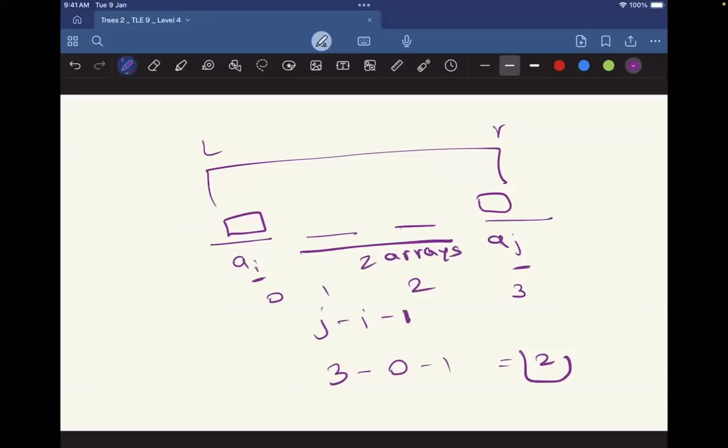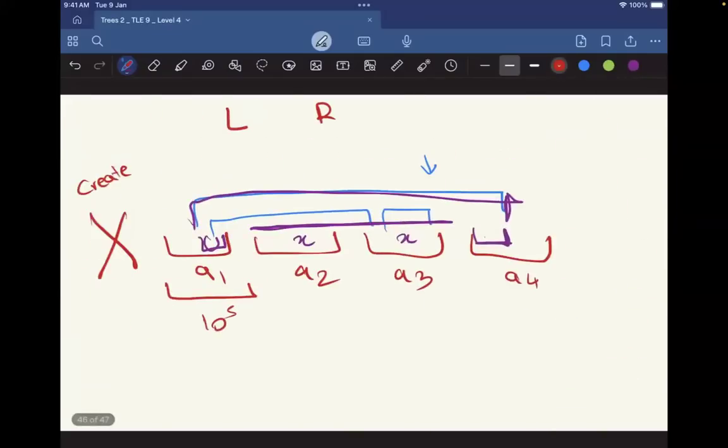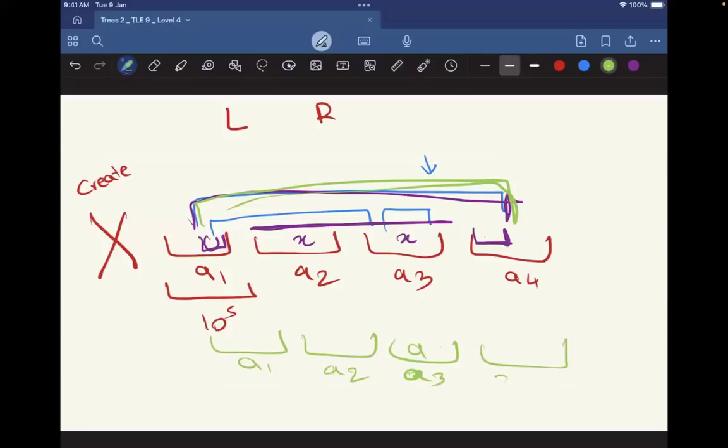Excuse me, sir. Sir, can you please repeat the last observation you made in the previous slide? Yes. So basically what I'm trying to say is, if you consider this particular range, for example, consider this is A1, this is A2, this is A3, this is A4, and let's say I have this range.